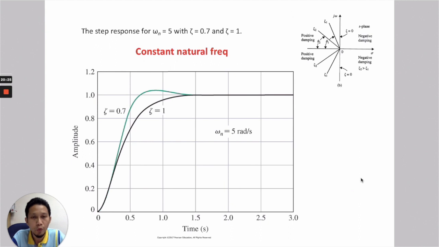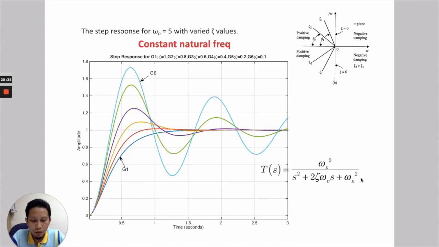Where zeta equals 1, we do not have any overshoot, and we have slight overshoot for zeta 0.7. So we make omega n constant and vary the value of zeta, and we have different overshoot.